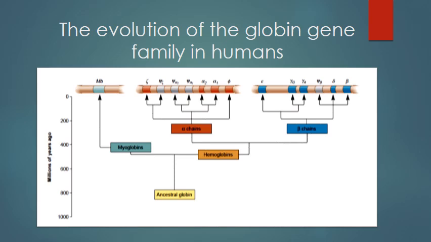The primordial hemoglobin gene duplicated into an alpha chain gene and a beta chain gene, which subsequently duplicated to produce several genes located on chromosomes 16 and 11, respectively. Currently, 14 globin genes are found in 3 different human chromosomes. See, for this ancestral gene, now this myoglobin and hemoglobin, this hemoglobin alpha and beta chain, these are the paralogs.